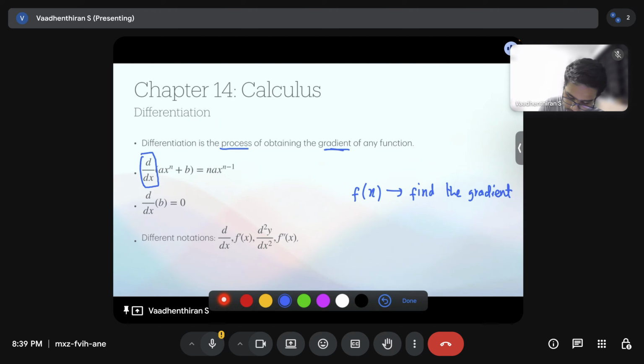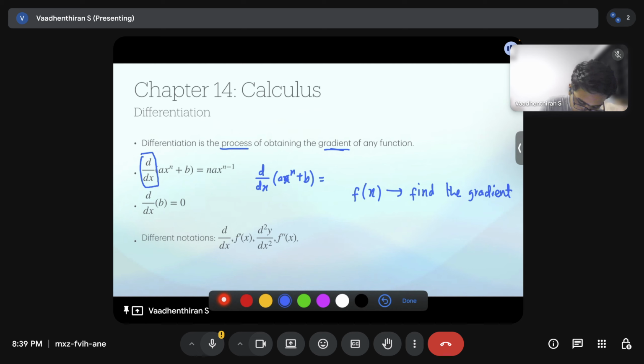And this is the general equation we can have here, ax^n + b. So generally what you do when you differentiate, d over dx of ax^n + b, is you bring down the exponent of x.